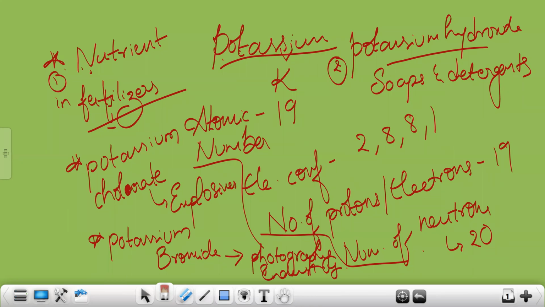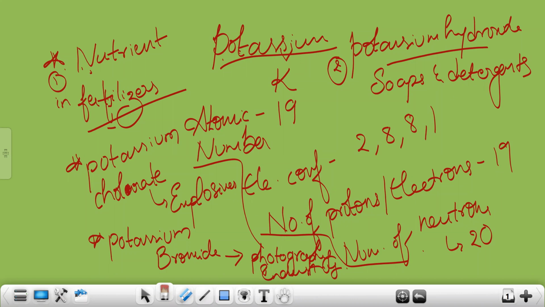Okay, what is the atomic number of potassium? 19, ma'am. What is the electronic configuration of potassium? 2, 8, 8, 1. Why is it 2, 8, 8, 1? Because the number of protons and electrons is 19.